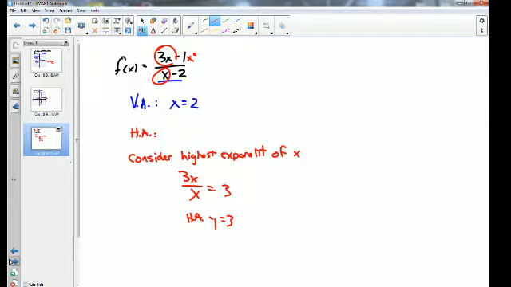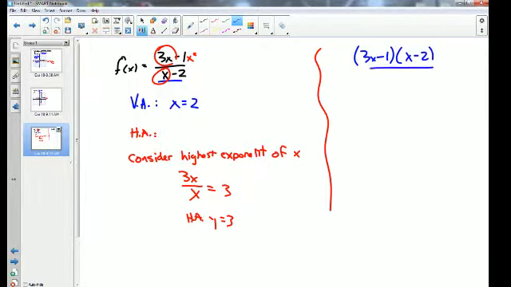Do you remember this situation here? What if I gave you that, and I said, what are the vertical asymptotes? Are there any vertical asymptotes here? Okay.